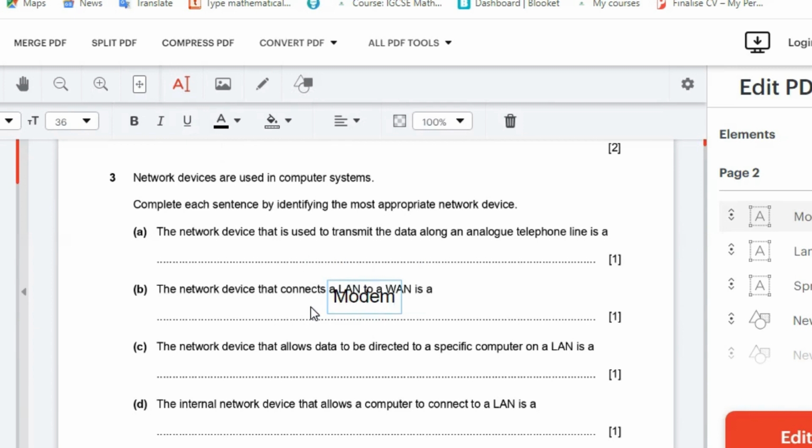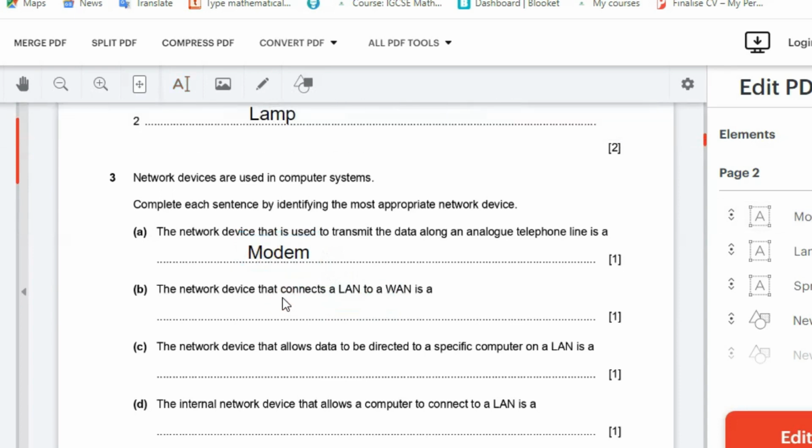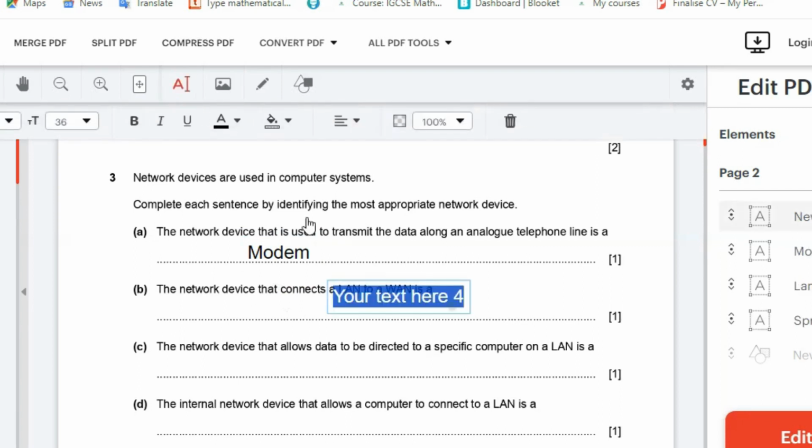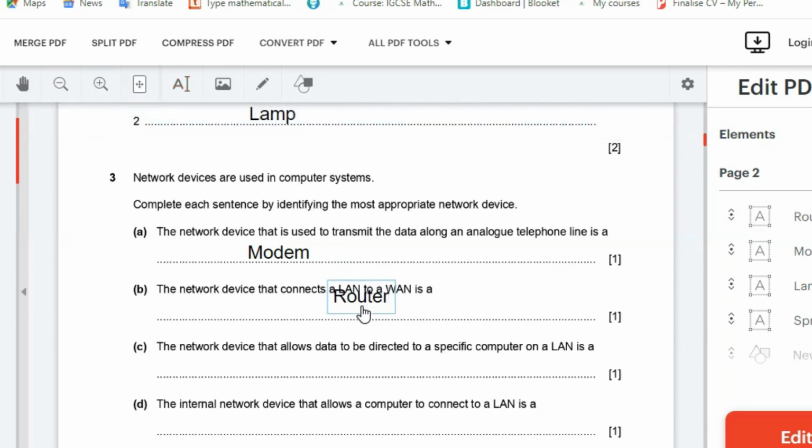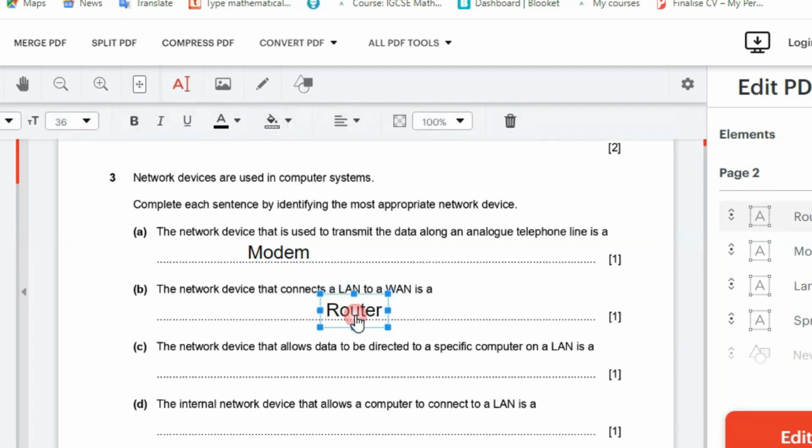That's for A. B says the network device that connects a LAN to a WAN is a what? Correct, the router. We've done it in our previous questions, where we were asked to discuss the similarities and differences between a LAN, a router and a bridge.